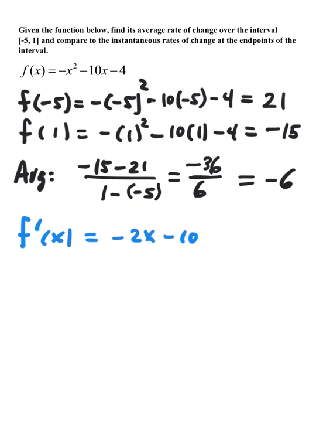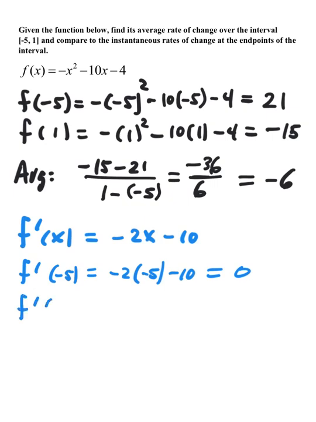Substituting -5 and 1 into the derivative, calculate 10 minus 10, that's 0. The instantaneous rate of change at the other interval endpoint, which was 1, is -12.